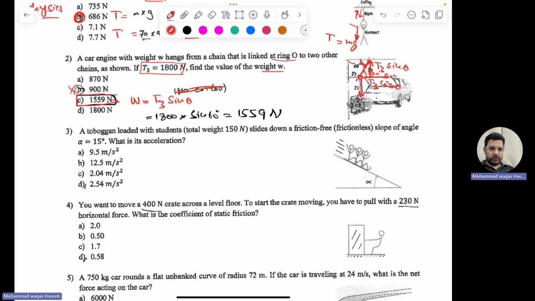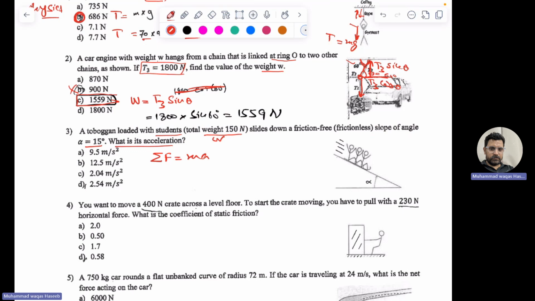Now the third question: a toboggan loaded with students with a total weight slides down a friction-free slope at an angle of 15 degrees. What is the acceleration? Acceleration can be found by Newton's second law, the sum of all forces equals mass times acceleration.